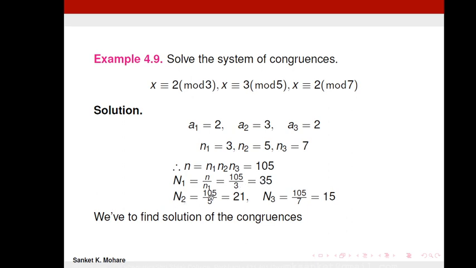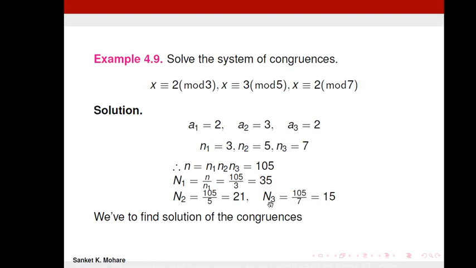Similarly N2 is 105 by 5, so n upon n2, where the value of n2 is 5. While finding N2, we omit n2 from this product. So the product of n1 into n3, that is 3 into 7, is 21. Similarly, N3 is 105 by 7, which is equal to 15.